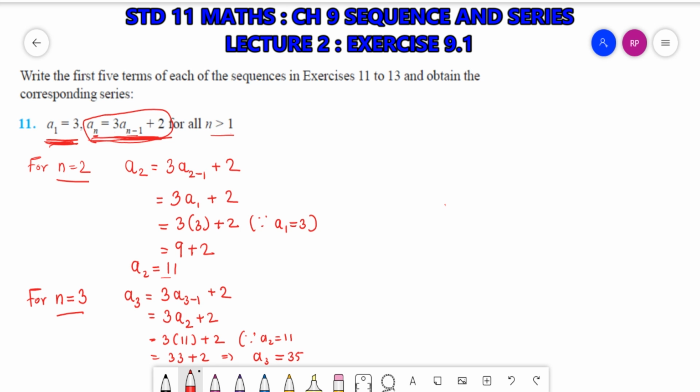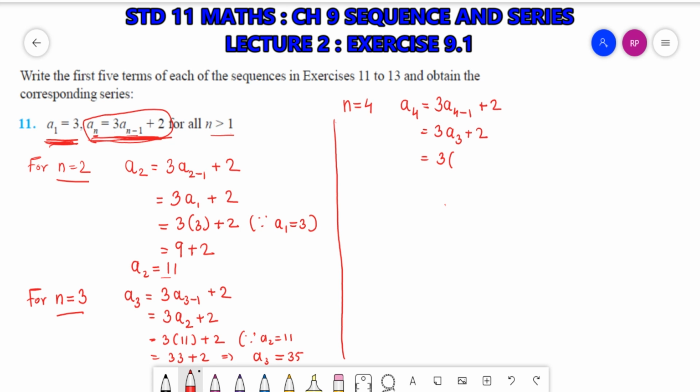For the first five terms, a1 is already given, a1 is the first term. Now for n equal to 4, a4 is equal to 3 a(4 minus 1) plus 2, that is 3 a3 plus 2.